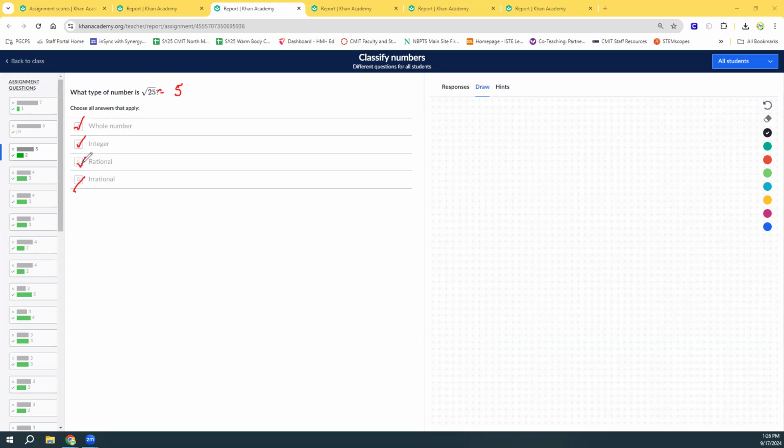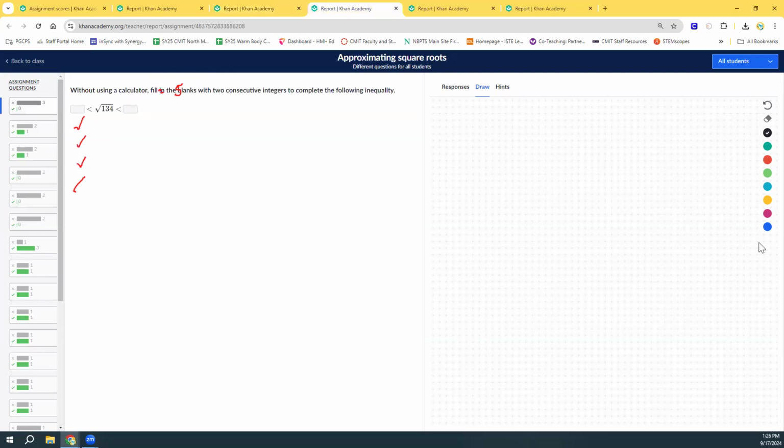Okay, so now we're going to go on to approximating square roots. Okay, so going back to our perfect square list, some square roots are really easy to know because they're in the list and they're whole numbers. Some, actually most square roots are not whole numbers, but they are in between whole numbers, okay?